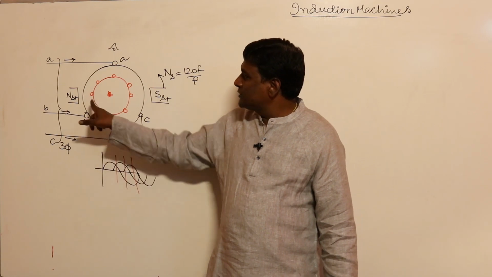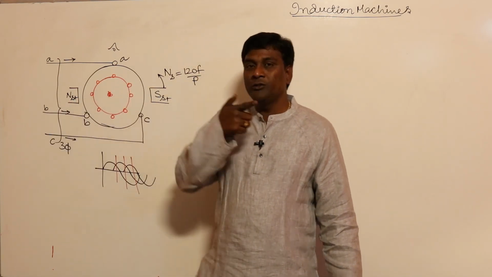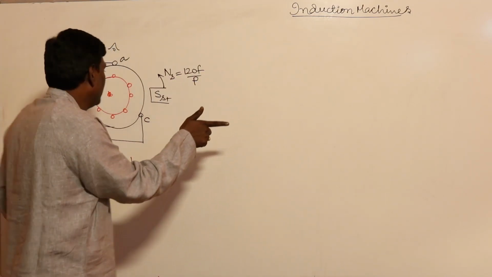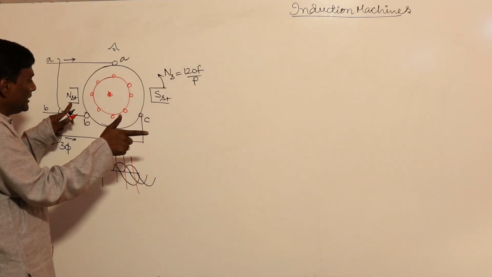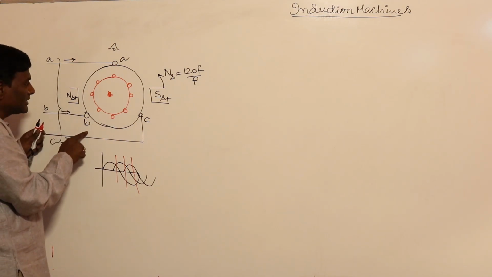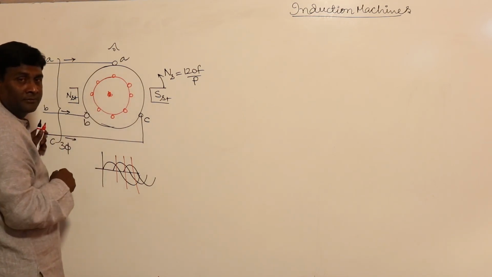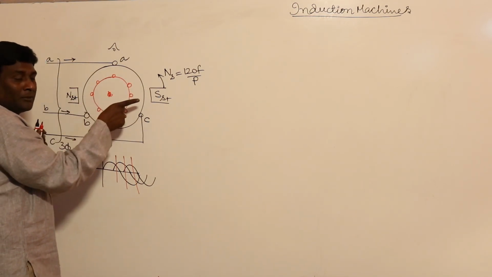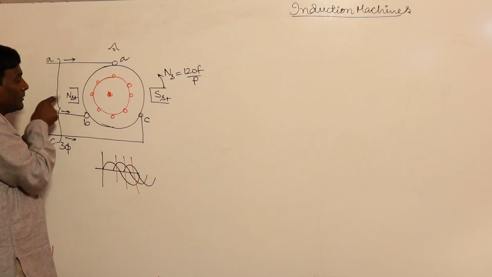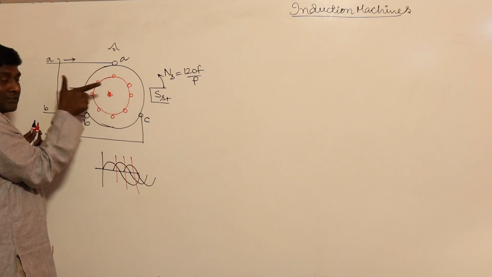Now if you sit in the rotor, my flux is flowing from here to here, and my pole is getting rotated in this direction. That means equivalently my conductor is rotating in the opposite direction. So my flux is here, my conductor motion is in this direction, thumb.